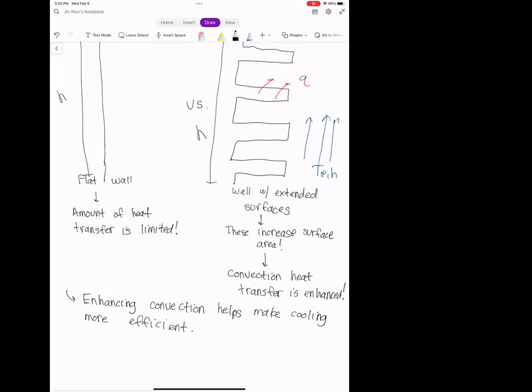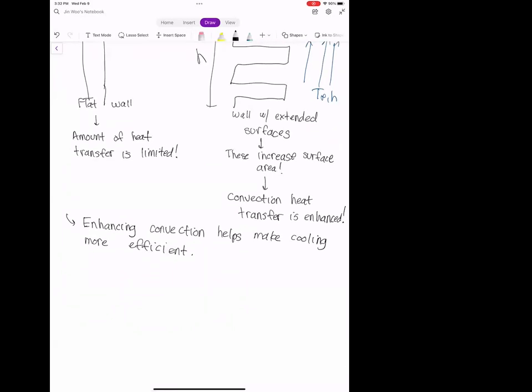Let's say that you're designing the chassis of a car, or even just the exterior of an engine, or in a more micro sense, the thermal sink of a computer chip. In these situations, your objective as the thermal engineer is to offload as much heat as possible, because your part, say an engine or a computer part, is going to be generating a lot of heat.